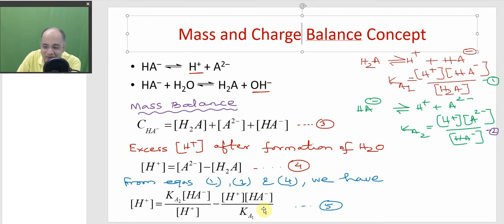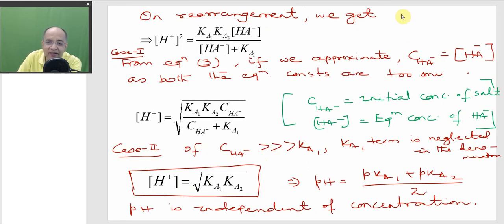So just substituting their values and a little rearrangement. I am not showing you the rearrangement, you can do it. I have not neglected anything. Just on rearrangement I find H plus square is equal to K1 into K2 of that acid into HA minus, that is the equilibrium concentration of the salt, by HA minus plus Ka1.